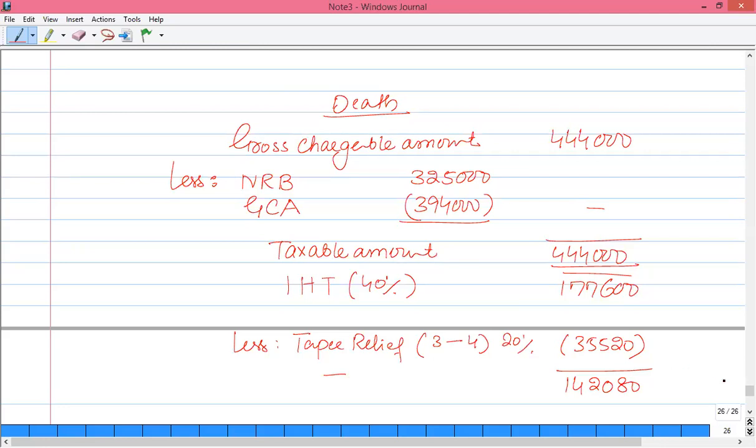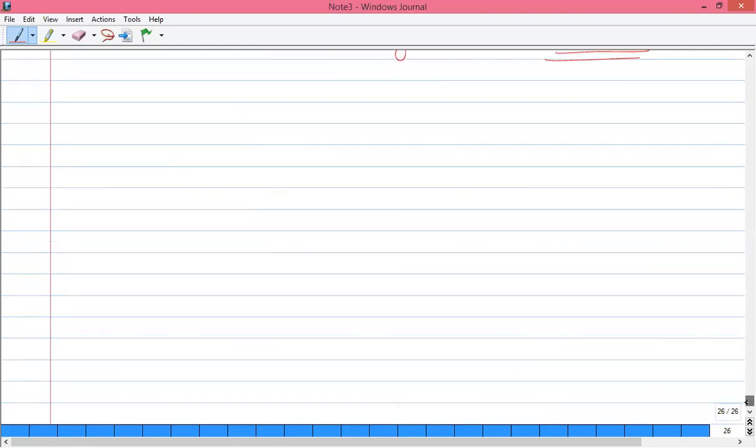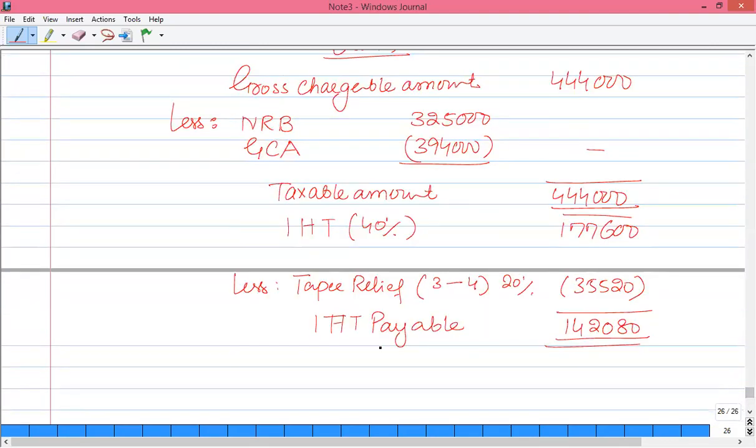So this is the IHT payable, because in the case of a PET there is no amount to be deducted at the time of the gift. This is the final tax liability, and it is to be paid by the donee, the person to whom the gift has been made. It is his liability to pay IHT on the gifted amount.